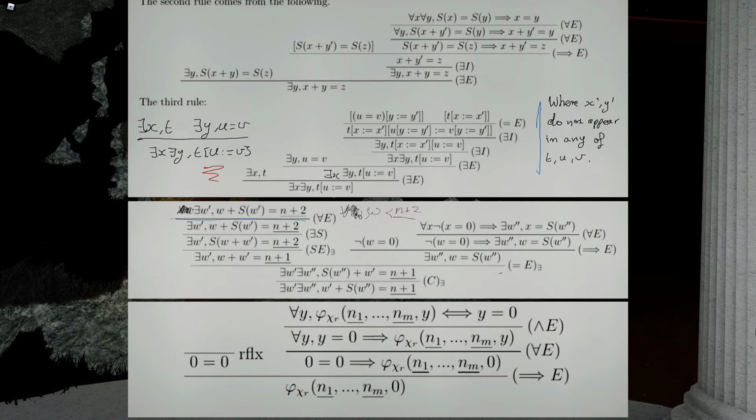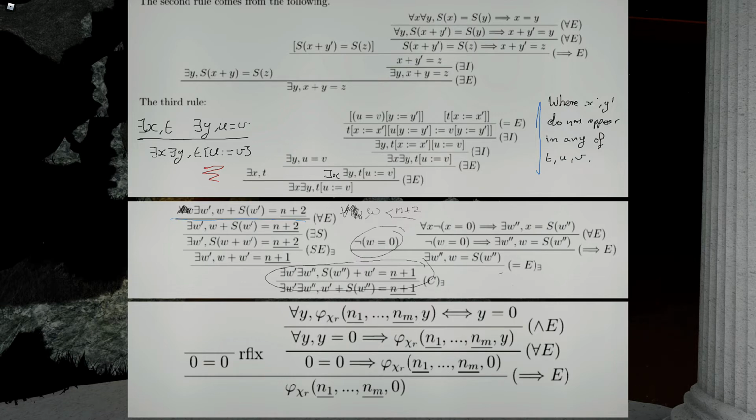And the point is that if it's the case that W is not equal to 0, then I'm able to derive that there exists some W prime such that W prime is less than N plus 1 underline, right?